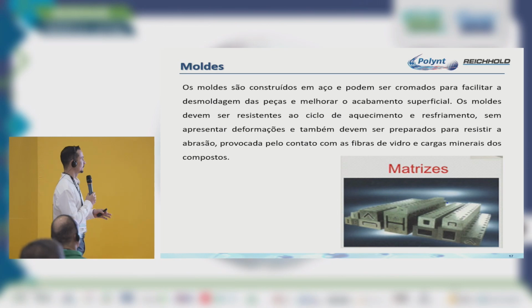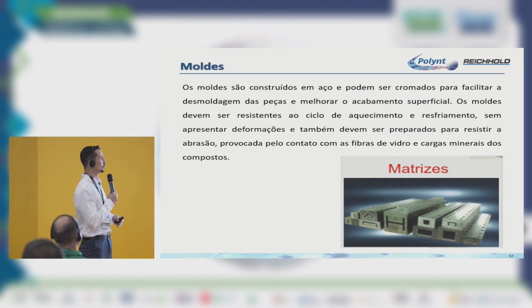Molds, also known as the matrix, are built of stainless steel. Not just any one, it has to be a carbon alloy, which has high tensile strength. It has to withstand the heating and cooling processes.